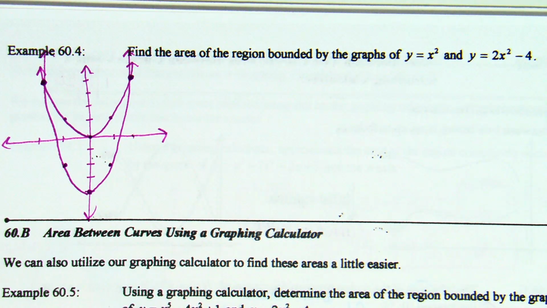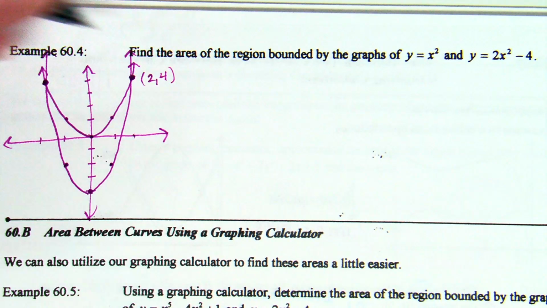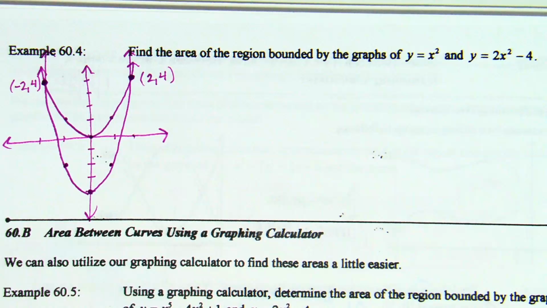I should probably write down, what were these intersection points? 2, 4, and negative 2, 4. What's going to matter? The 2's, right? Because it's all based on x's.